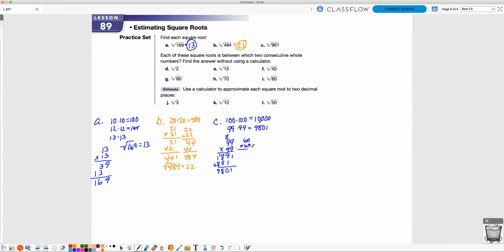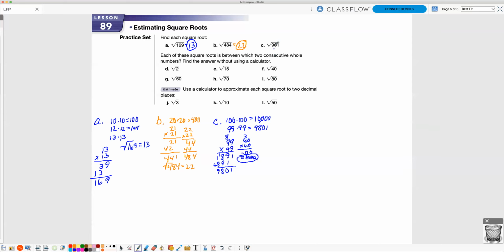If we multiply 60 times 60, you'd end up with 36. Carry the 3. We'd end up with 3,600 in this case, which is again way too big. So that's no go.